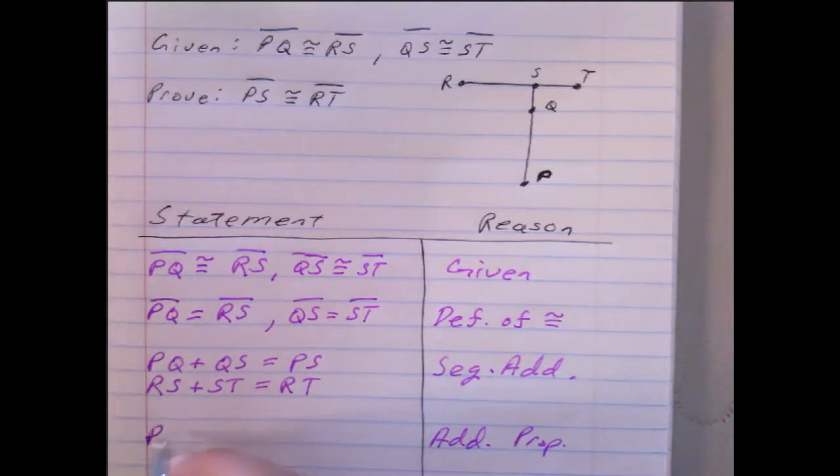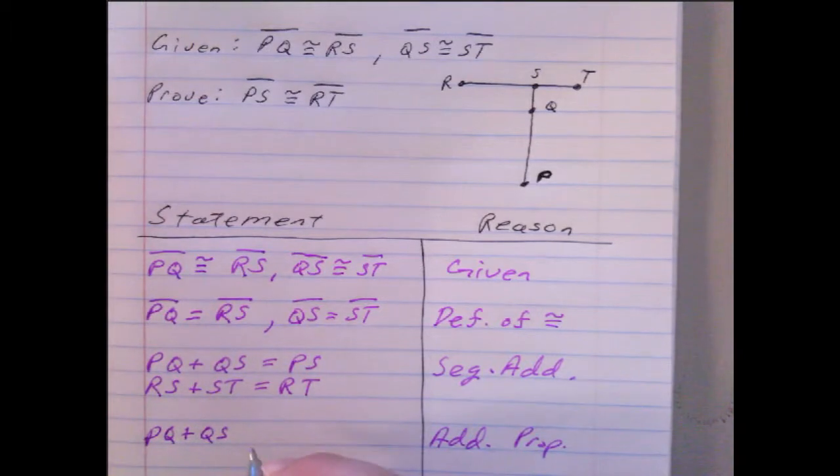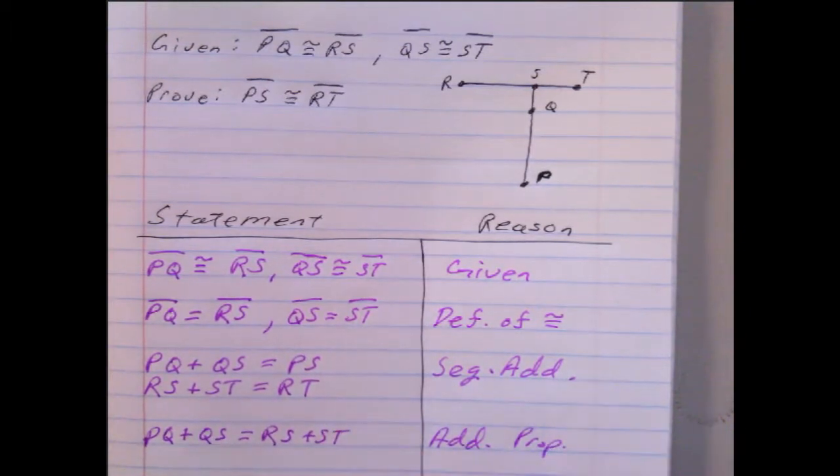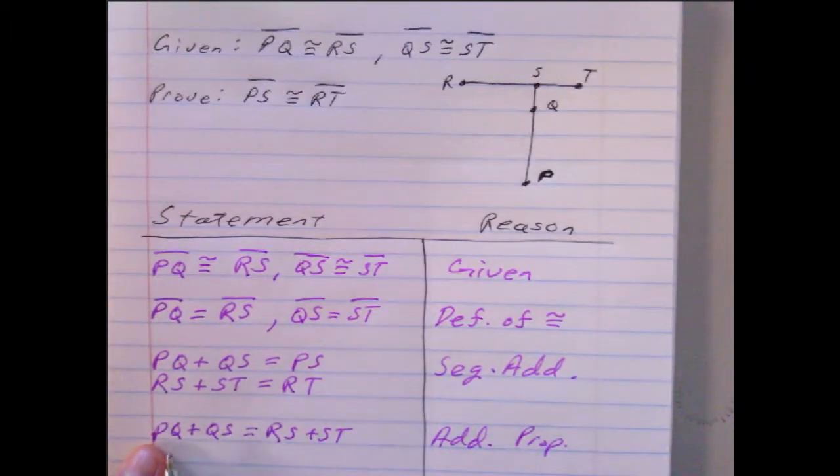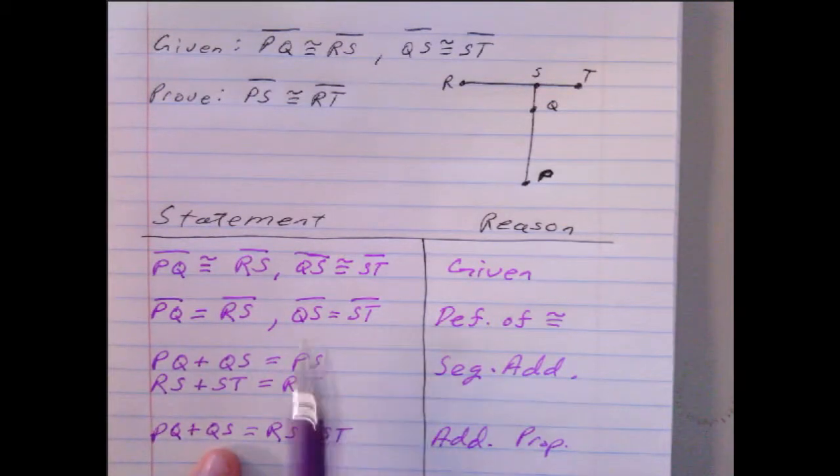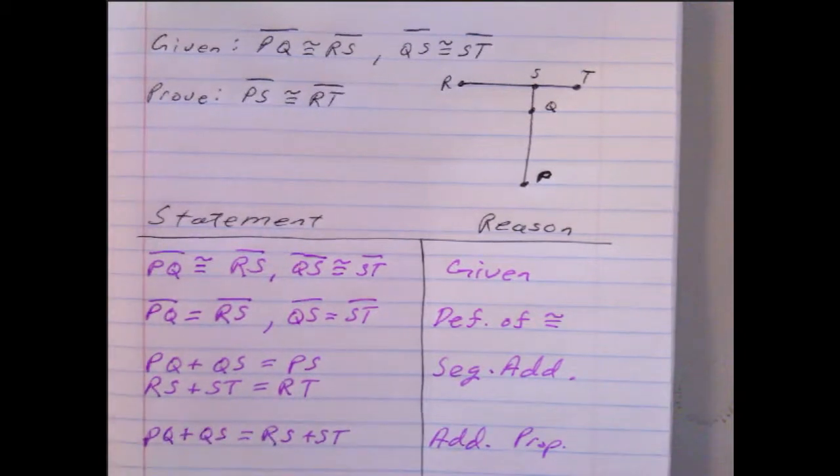So we have PQ plus QS equals RS plus ST. Okay, so we have PQ, which is equal to RS, and we added QS over here, which is equal to ST, so we put that piece over here. So that is our addition property. We added the same things to both sides so that we kept it equal.